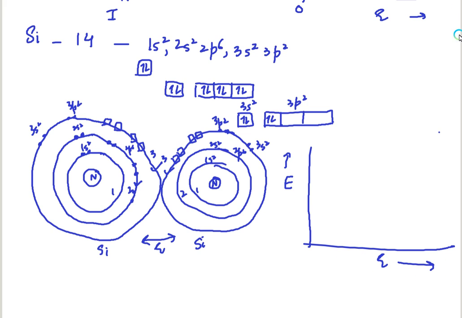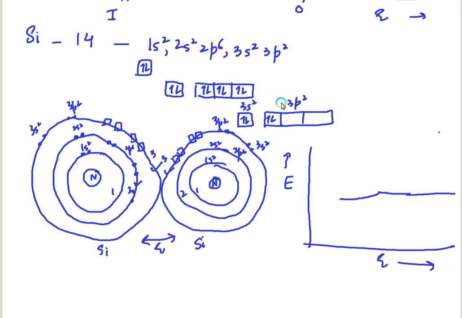When the distance is quite large, each silicon atom is behaving independently. Each has its own levels, a single level. But when they come closer to one another, they interact with each other and this single level splits into a band of energy levels.